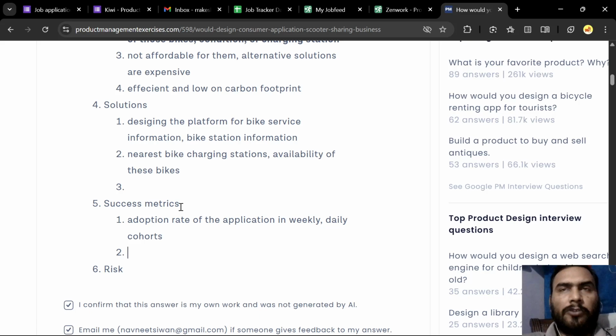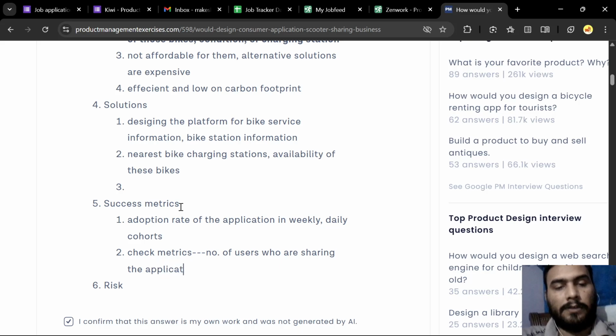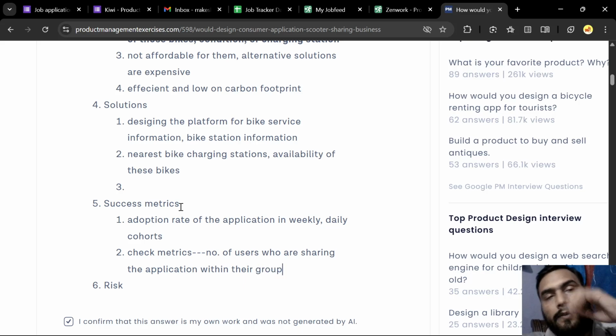And apart from the adoption metric, one of the key metrics that we will be tracking is, if I can say it, a check metric: the number of users who are sharing the application within their group.